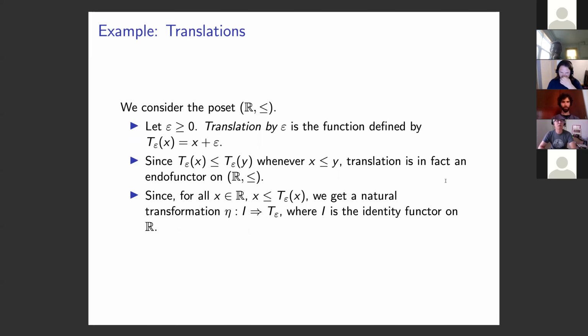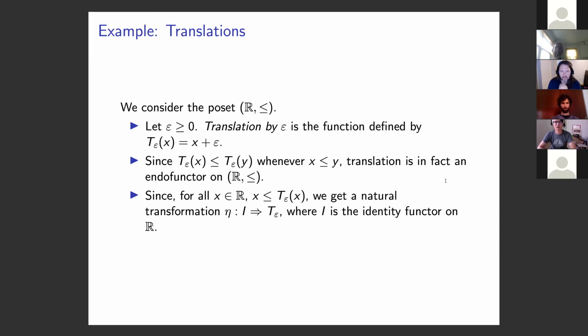So to start thinking about how this could be categorical, in the naive sense, you can think of translation on the real numbers as really being a natural transformation. If x is less than or equal to y, then adding the same number to both sides gives you another inequality.